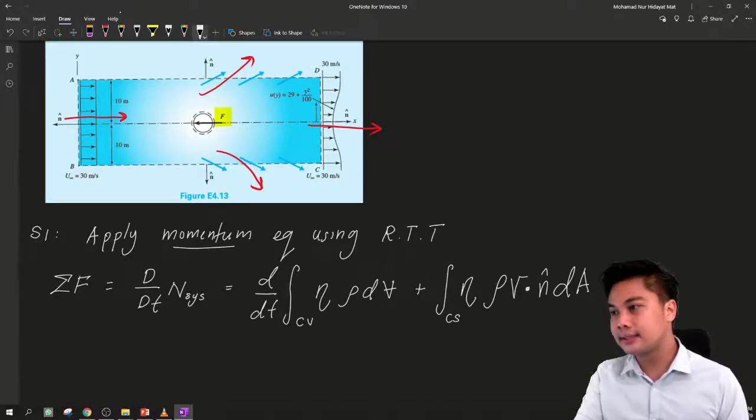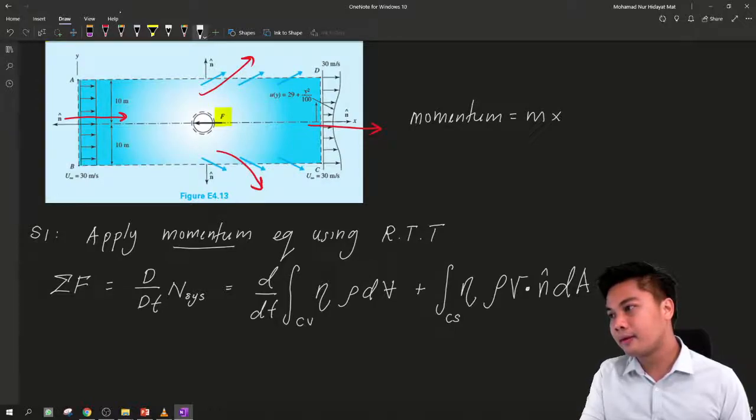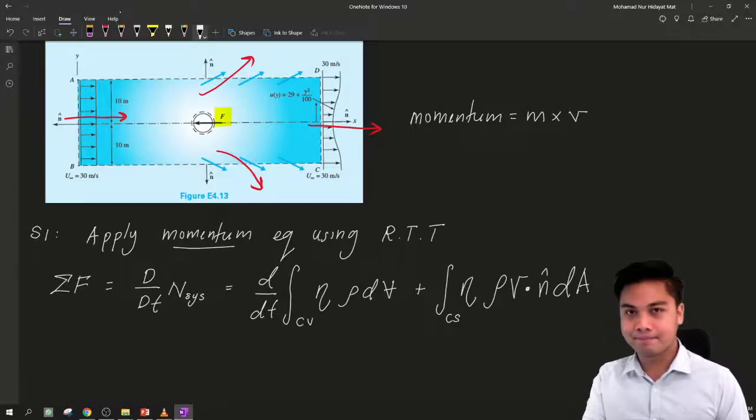So for this case, we apply momentum. Momentum is mass times velocity. So the extensive property here is momentum. How do we get the intensive property so that we can apply it in this RTT equation?